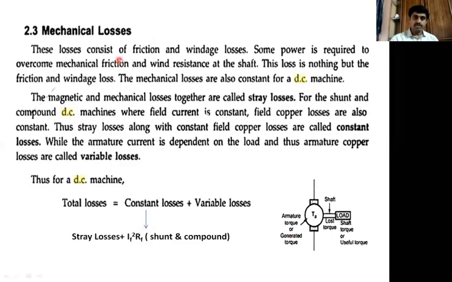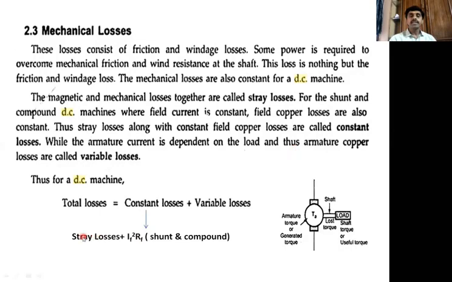Next, mechanical losses. Again there are two types: friction and windage loss. Some power is required to overcome the mechanical friction and wind resistance at the shaft. This loss is nothing but the friction and windage loss. These mechanical losses are also constant for a DC machine. The magnetic and mechanical losses together are called stray losses. In shunt and compound DC machines the field current is constant, therefore the field copper loss is also constant.